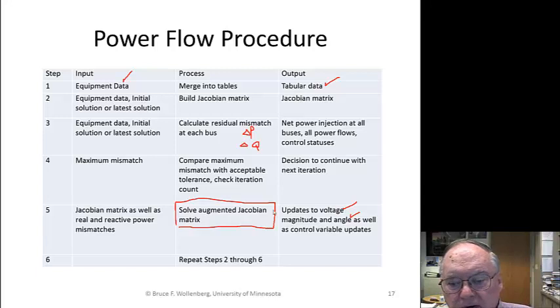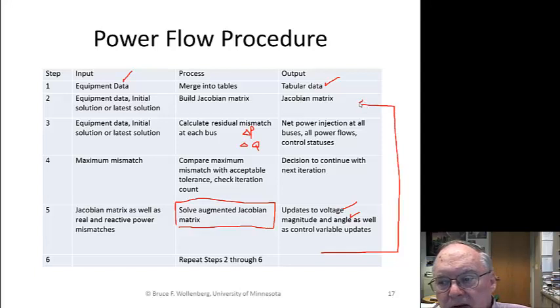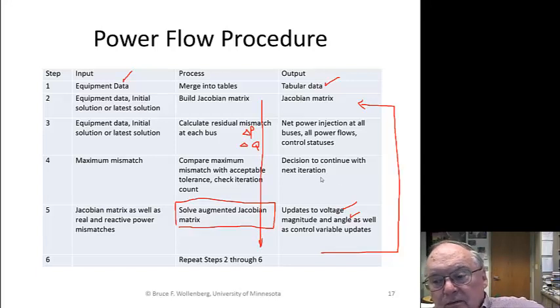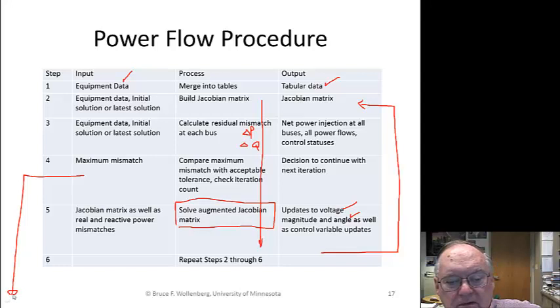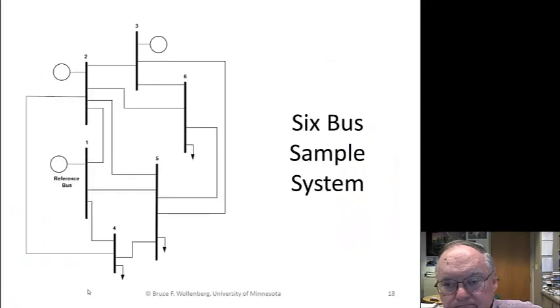So we're just going to repeat back here again, and we keep doing those steps until we've reached an acceptable solution, and if everything is acceptable, we're done, and we exit like this.